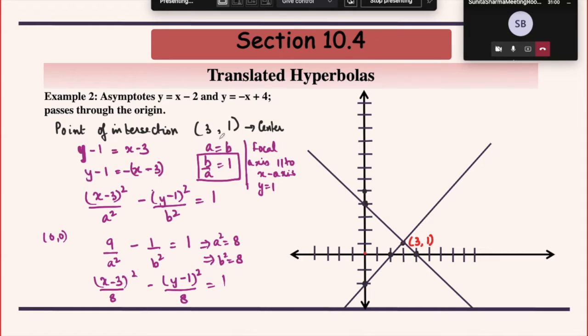Point of intersection comes out to be 3, 1, which is your center. So this is your H and this is your K. Then focal axis is parallel to X axis. This we get to know from the fact that it is passing through origin. Because your branches will now have these lines as the asymptotes, either the branches will be like this, above and below, or they will be on the right and left side.